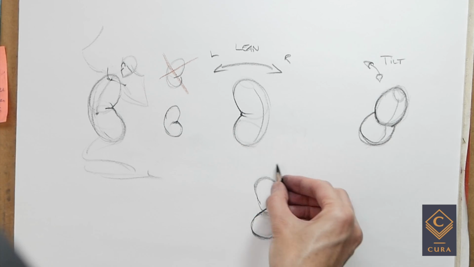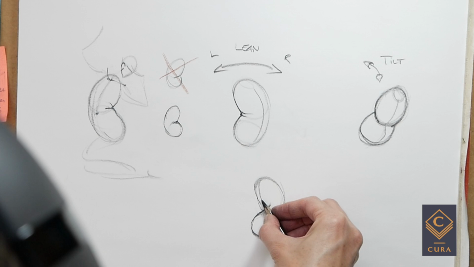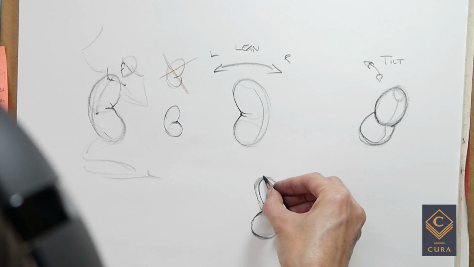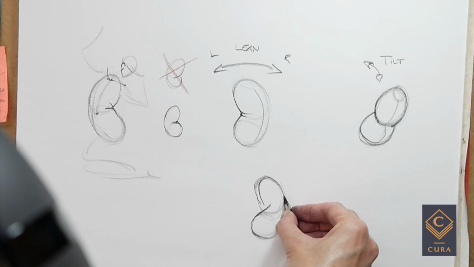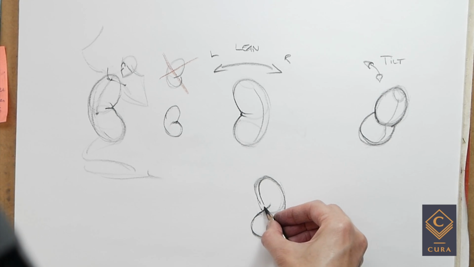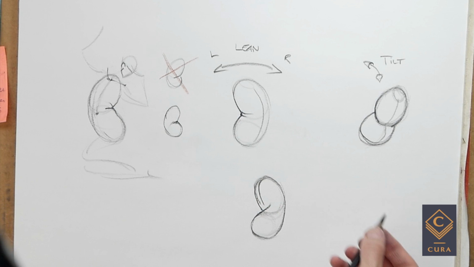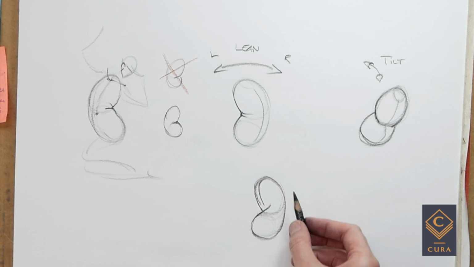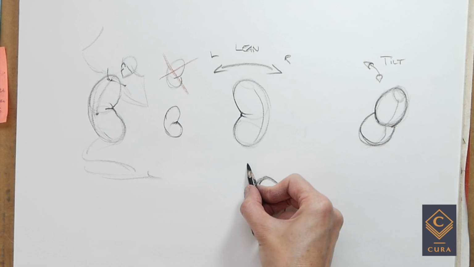I notice if there is an overlap between the two, and then I check what my center lines are doing. So this is one option where you see the center line on the top portion, but then it disappears on the bottom portion. That combined with that overlap, you've got a successful twist.